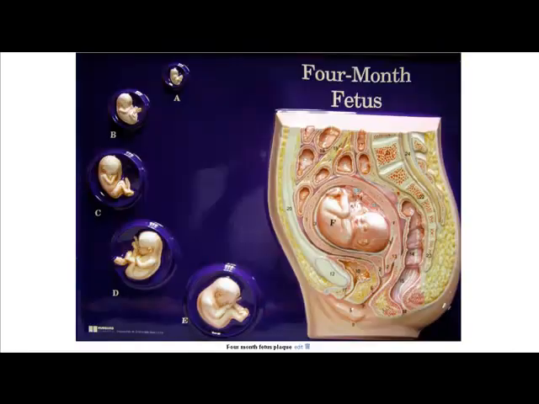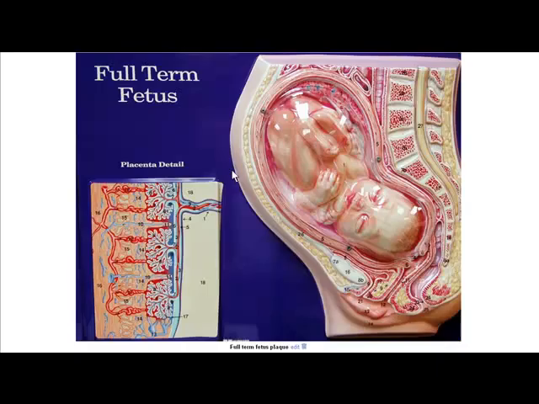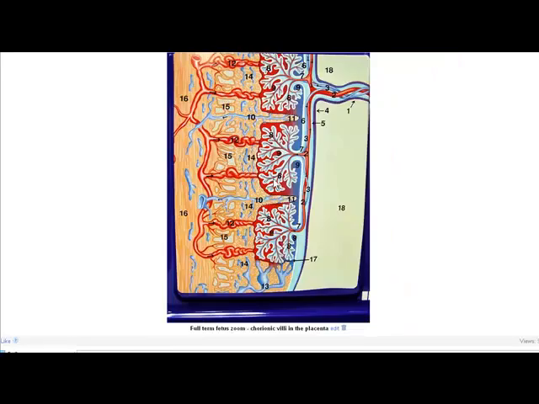Alright, we saw the menstrual cycle one. We saw the 4-month fetus one, counting back from 16 weeks every 2 weeks, going down from there. This one is a zoom up of the placenta detail that we see for the full-term fetus. The key here is just seeing the 2 umbilical arteries going out, the 1 umbilical vein coming back in, the chorionic villi, the tree-like structures, as we see here, as well as the maternal blood pool that we see around it.